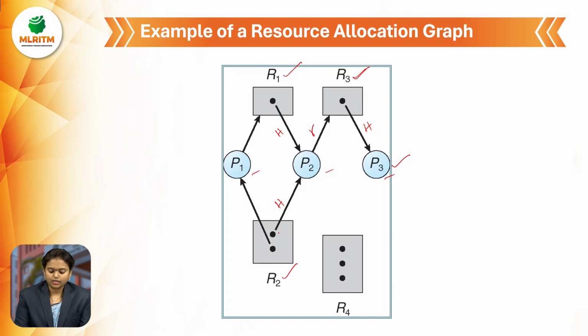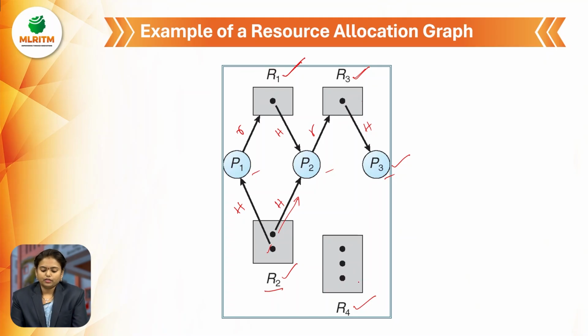P1 is requesting an instance of R1 and holding an instance of R2. R4 is a resource type with 3 instances.